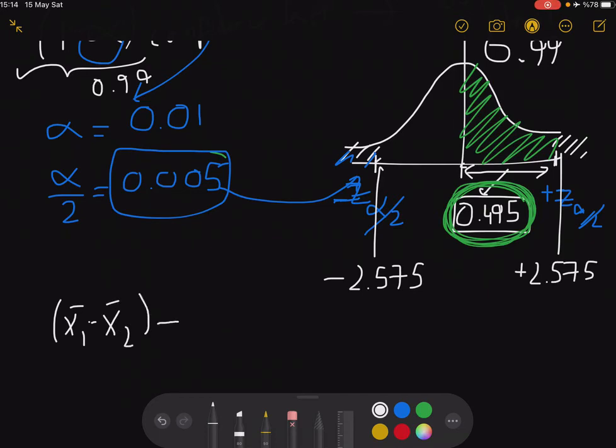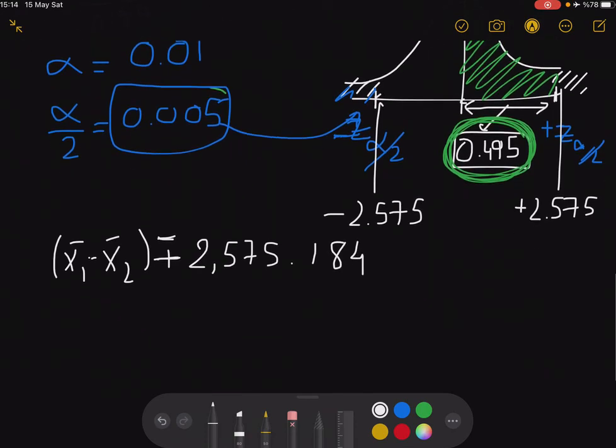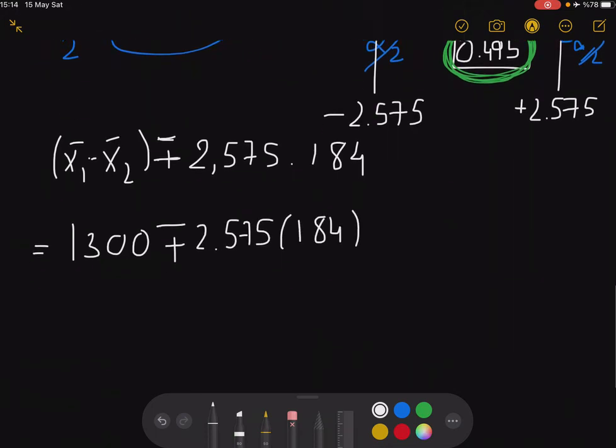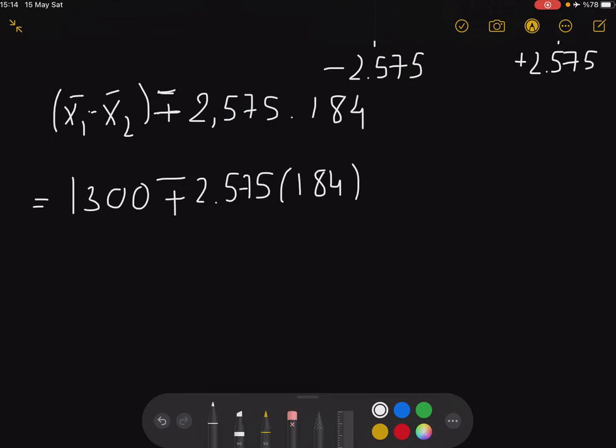And the answer will be minus and plus 2.575 times this much standard error, 184. Since we have a calculator, we can easily calculate the lower limit.